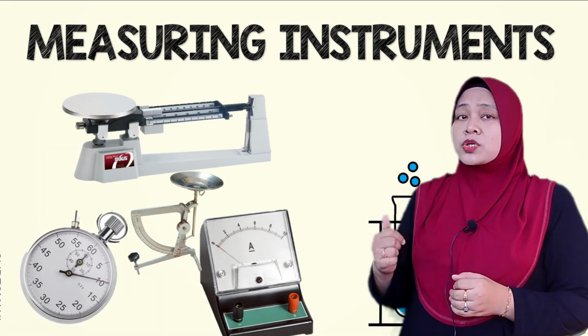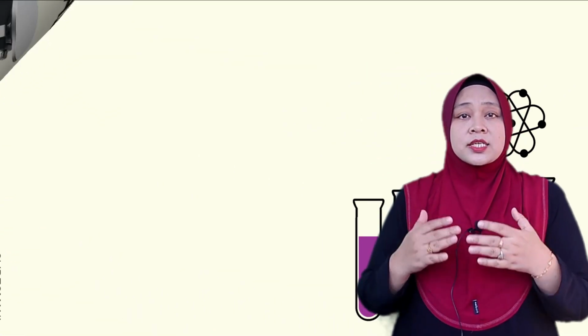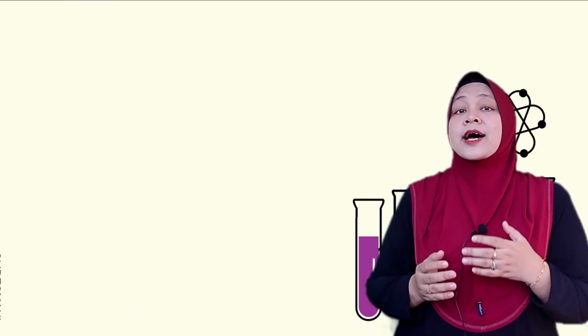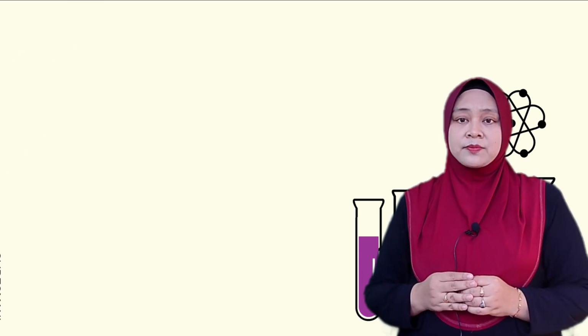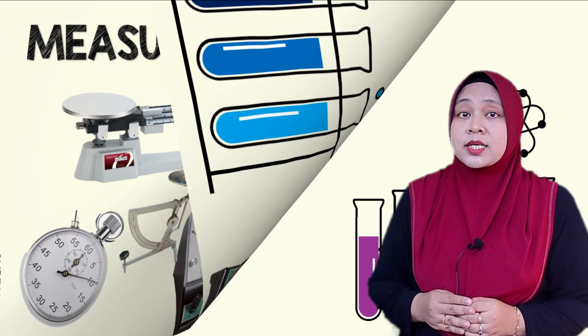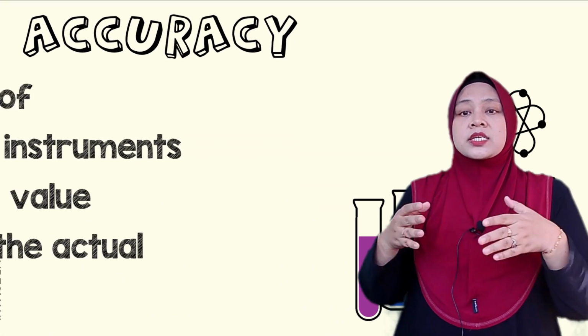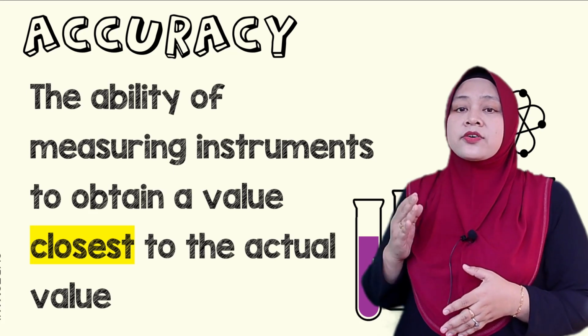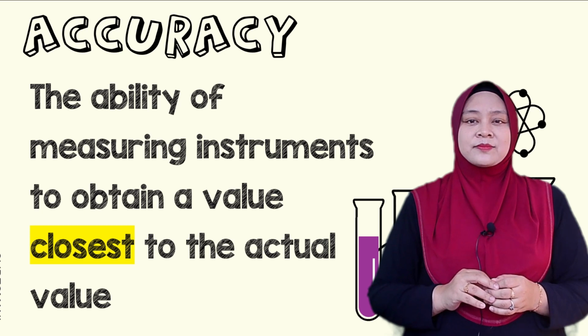Here, I want to show to you the meaning of three important terms in this subtopic, which is accuracy, consistency, and sensitivity. What is accuracy? Accuracy is the ability of measuring instrument to obtain a value closest to the actual value.